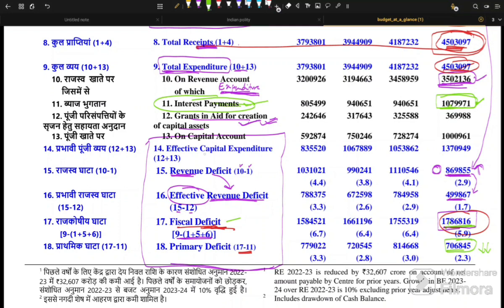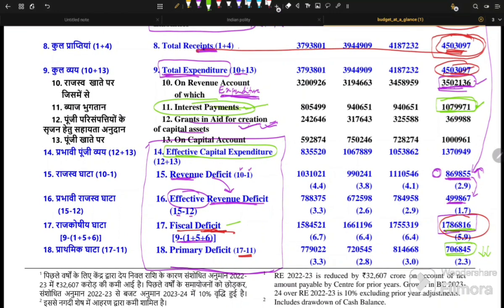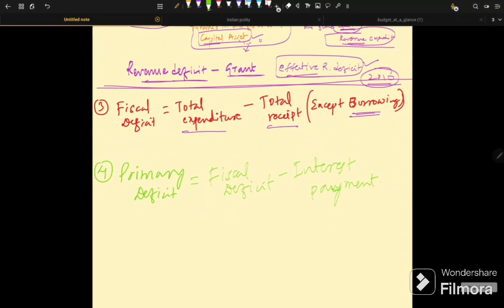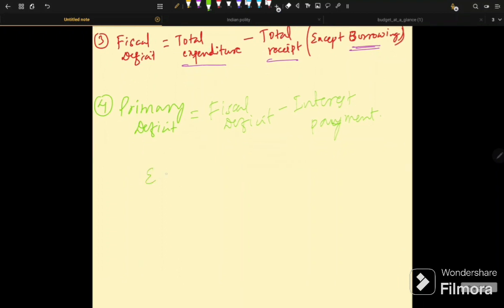Okay. The final term: effective capital expenditure. It is a very easy term. We know government expenditure is in two parts.